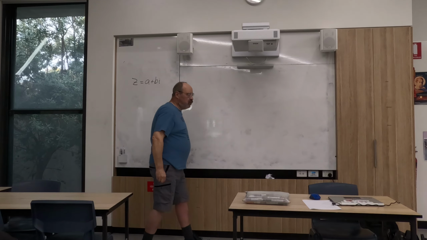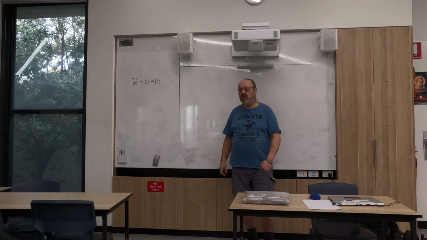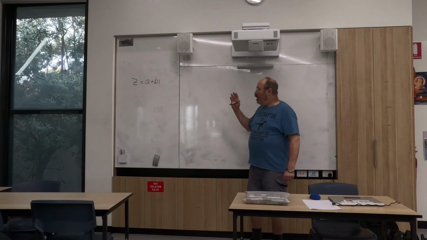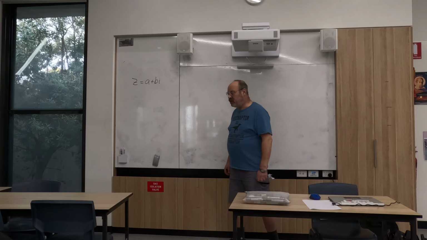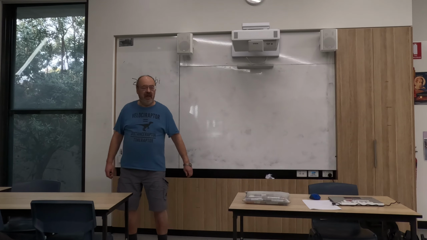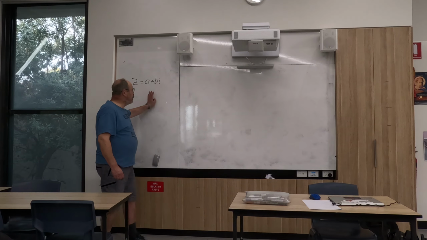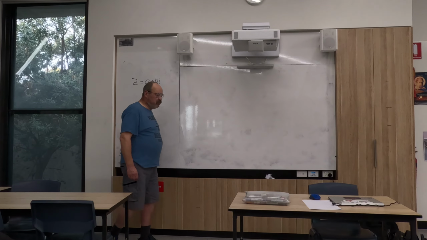Later on we will learn about the polar form of the complex number, where there will be different ways to divide and multiply. But today we will learn how to multiply and divide in the Cartesian form.